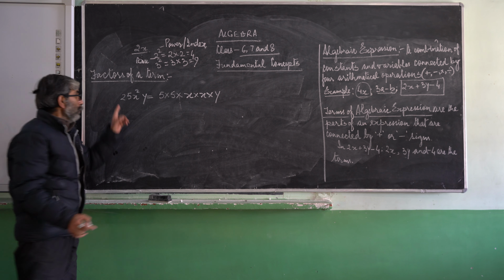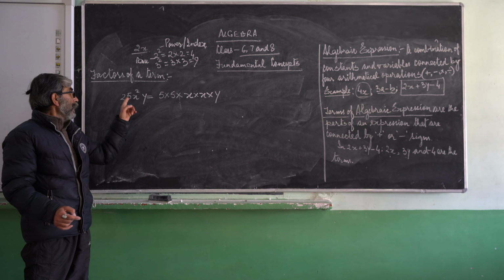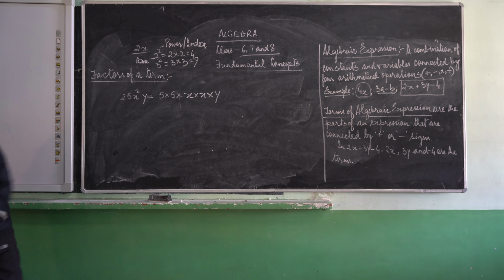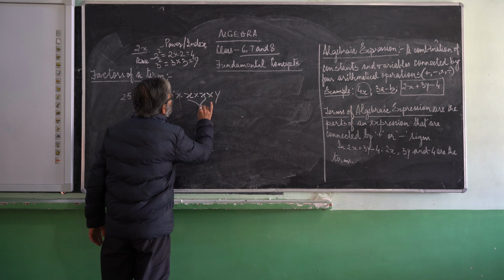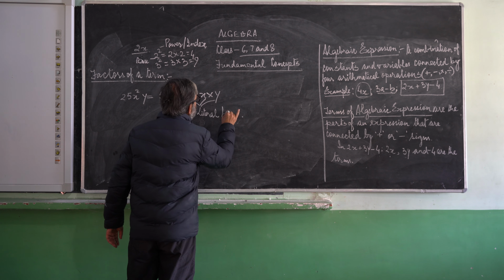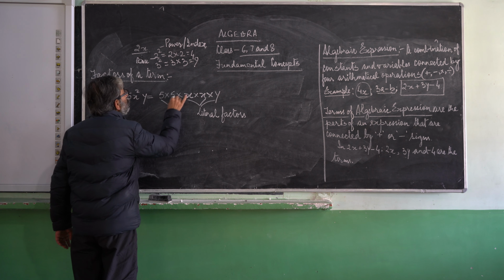Is it clear? Now, 25x square y, the factors of 25 are 5 into 5, x square into x into x into y. So these three are known as the literal factors. And these are the numerical factors.